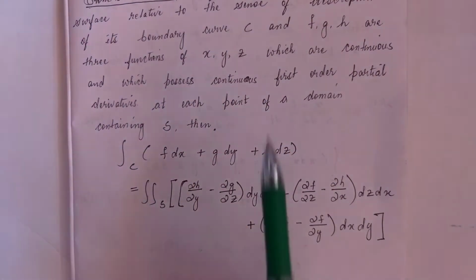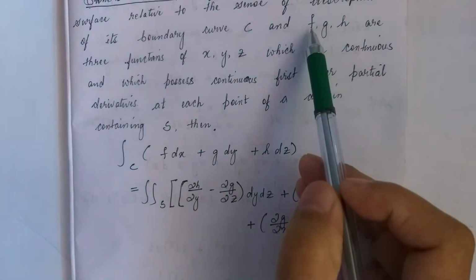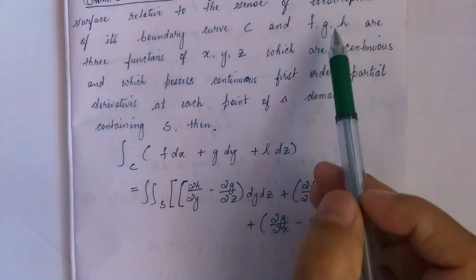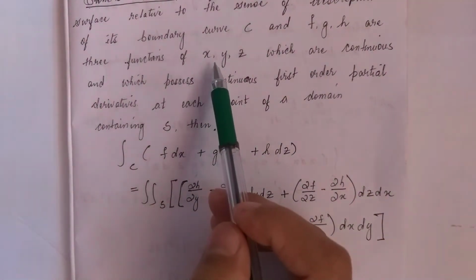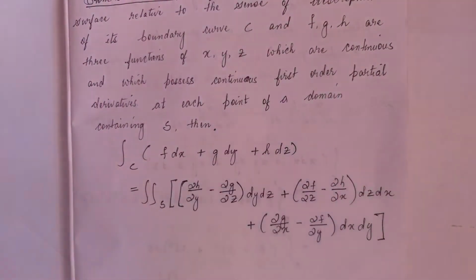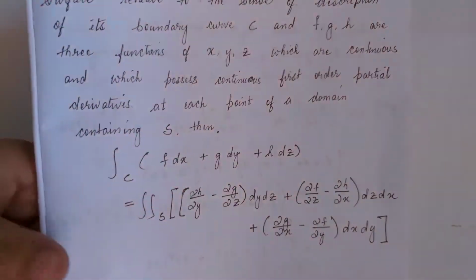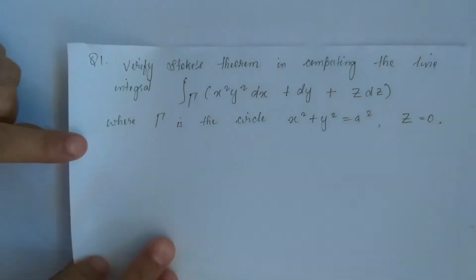Now, these three functions f, g, and h are functions in three variables, or they have a domain in R3. Now, let us discuss one problem on Stokes' theorem.